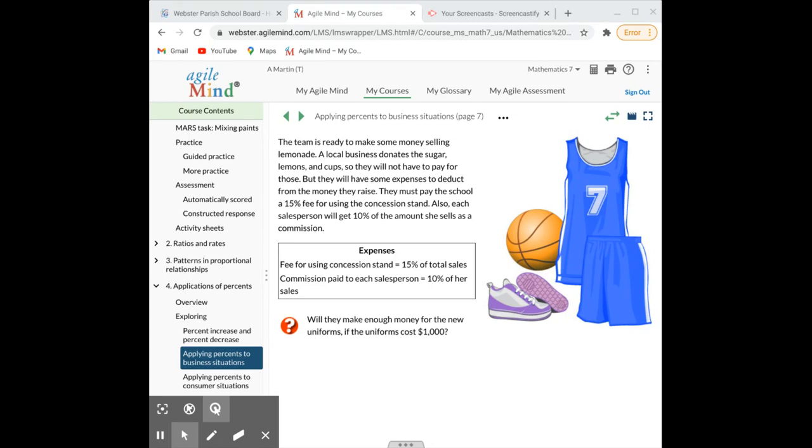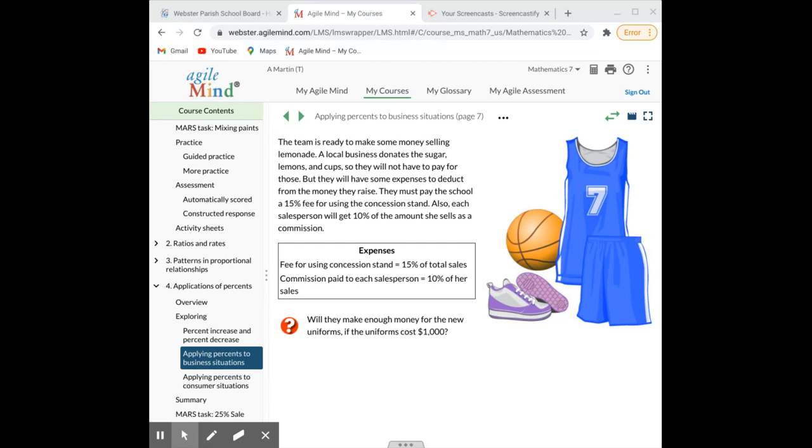So looking at this scenario, these girls are raising money for uniforms and to go to camp. And so we've talked about what profit and total sales are. So what are the things that the girls are going to need to know so that they can set a price for the lemonade they want to sell? What's something they need to know? Divide it. Yeah, they are going to have to divide it because it's 2 people.